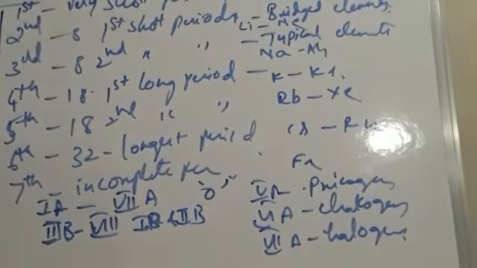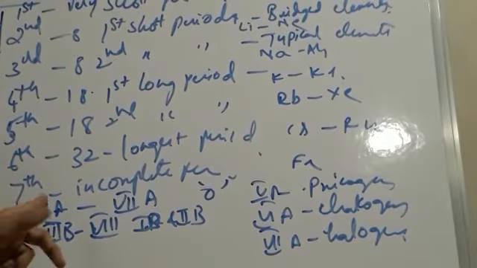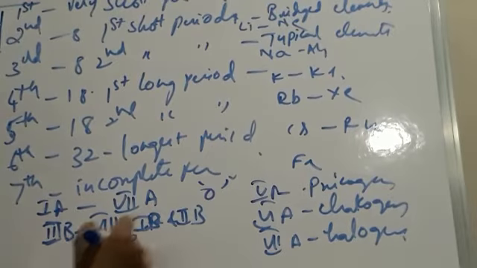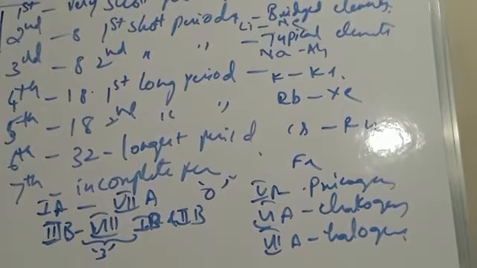Next, coming to transition elements. In transition elements, a total of 10 vertical columns are there, third B to 8th. Here the eighth group contains 3 columns. These are the transition triads, which come in Mendeleev's periodic table.